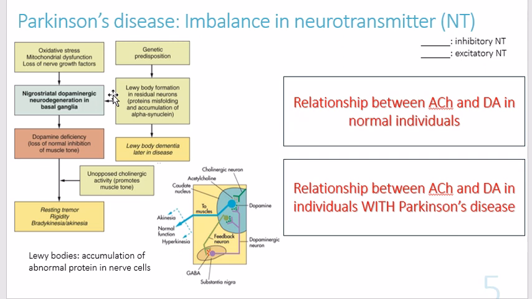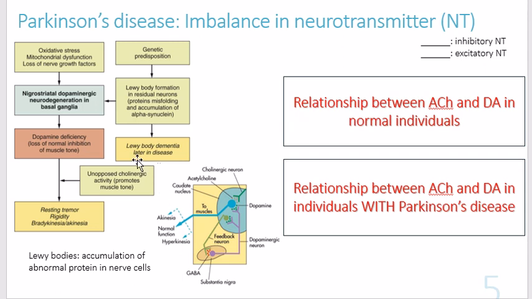And it ends up causing degeneration of these dopamine-containing neurons that terminate here, that arise from the substantia nigra. Okay, so that's written here. We get the neurodegeneration occurring, reducing or losing that production of dopamine. And then we end up with a dopamine deficiency, and we can end up with loss of normal inhibition, which we'll talk about shortly, or normal inhibition of muscle tone.